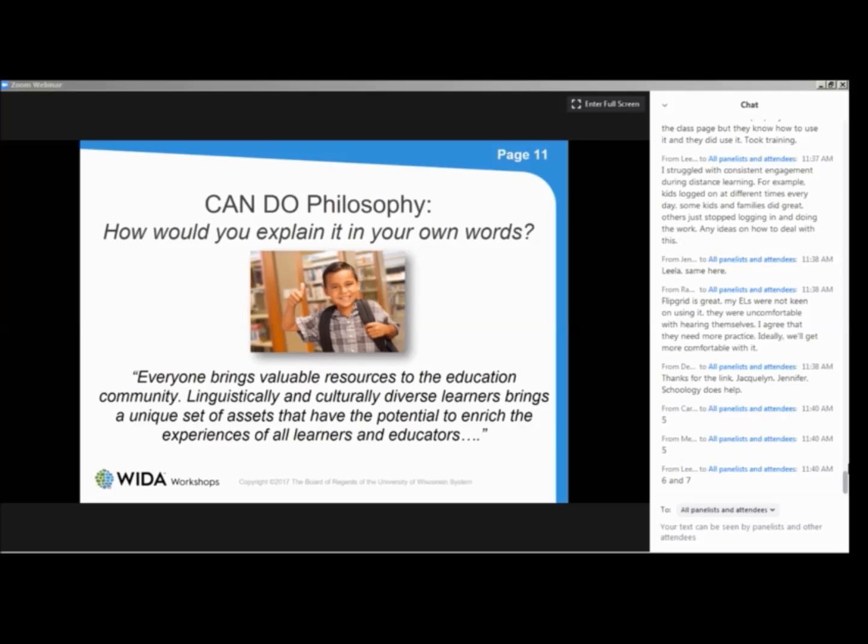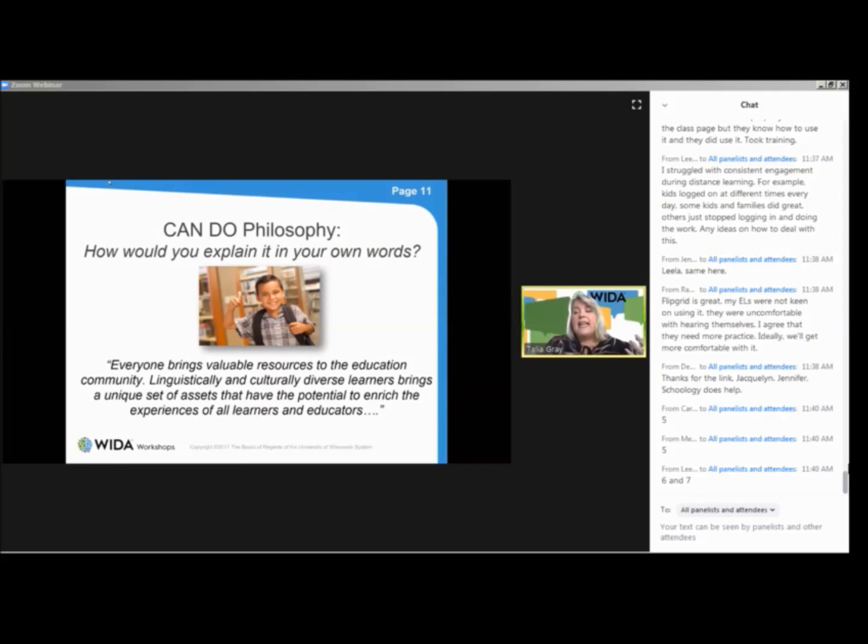Linguistically and culturally diverse learners bring a unique set of assets that have the potential to enrich the experiences of all learners and educators. So this can-do philosophy really sums up what WIDA is all about, and that is everyone brings something to our classrooms, everyone.